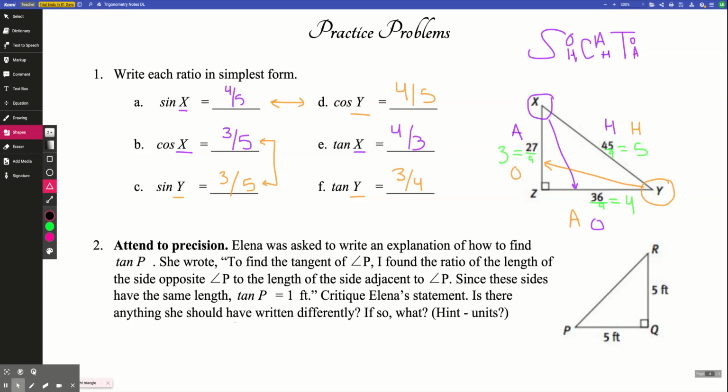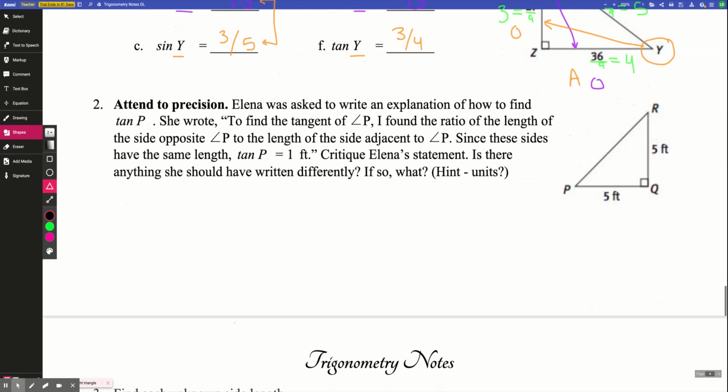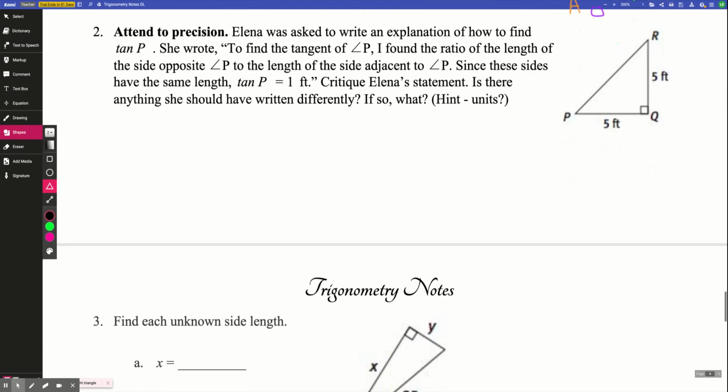All right, so let's take a look at this second one right here. This one asks us to evaluate the explanation of someone else.